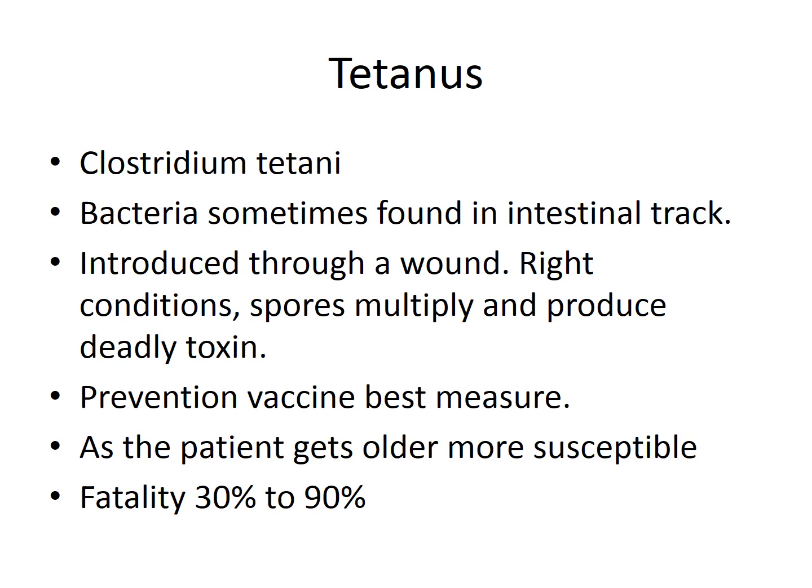The next bacteria we're going to talk about is tetanus, and the bacterium is Clostridium tetani. This particular bacteria is found in the intestinal tract of humans and animals, and also in soil.